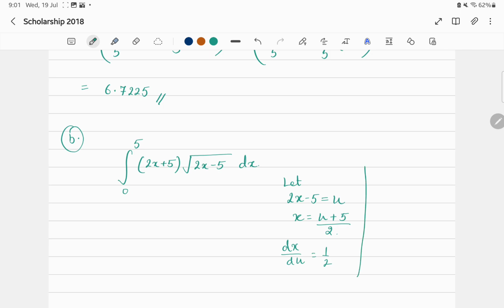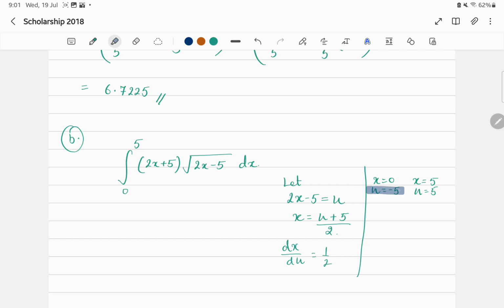Let's convert the limits. When x is equal to 0, u is equal to minus 5, and when x is equal to 5, u is equal to 10 minus 5, which is 5. So here I can see that we have a negative limit.